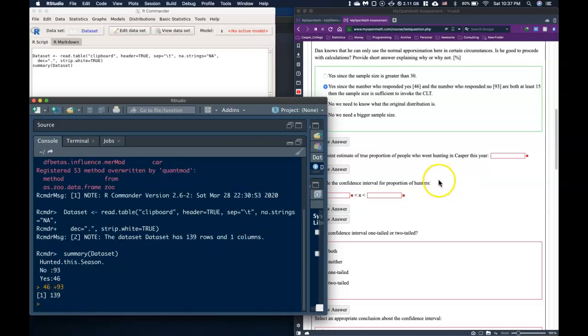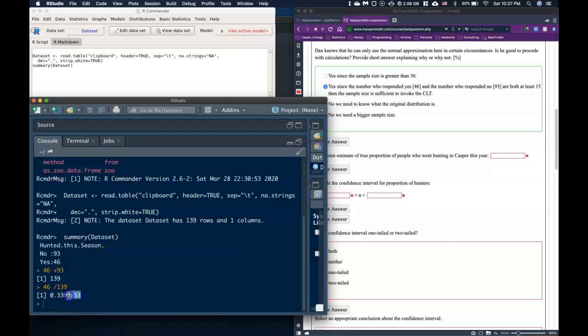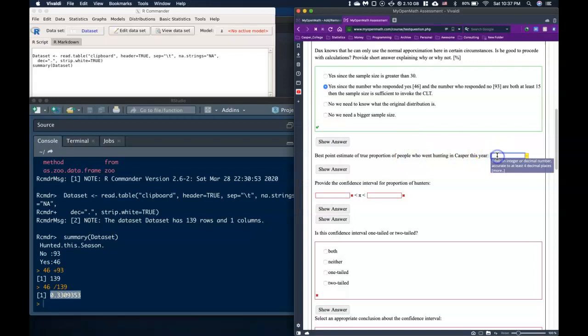If we want to know the proportion of people who went hunting, we take the yeses, which is this 46, and divide it by the 139. That gives us the proportion of people who went hunting in Casper from our sample, which is our point estimate. It's our best estimate of what the true population parameter is.